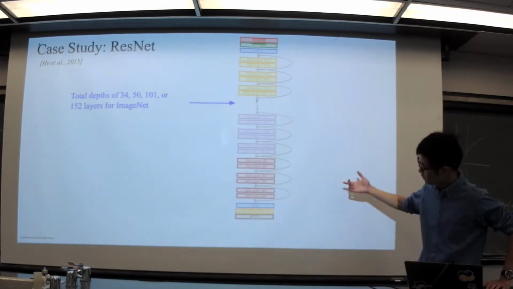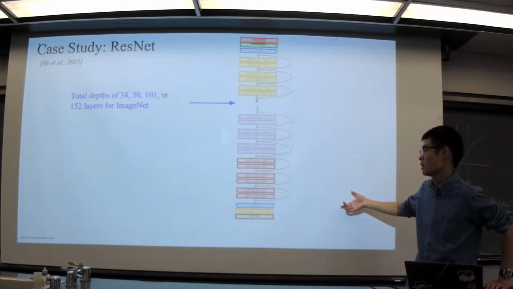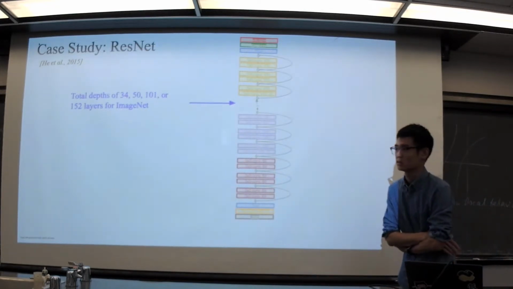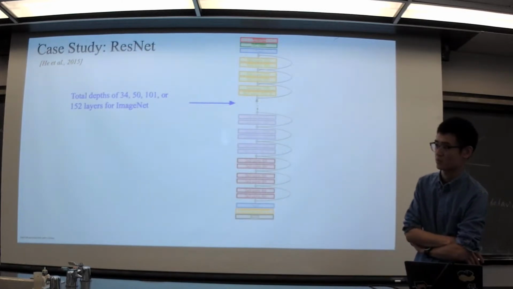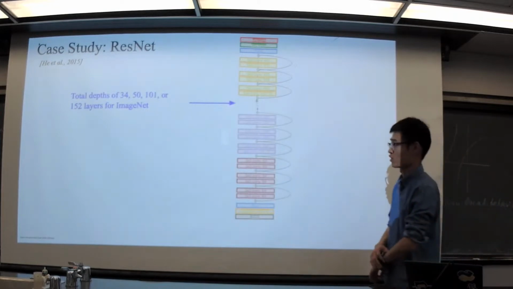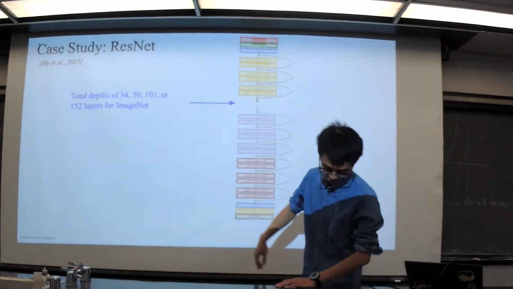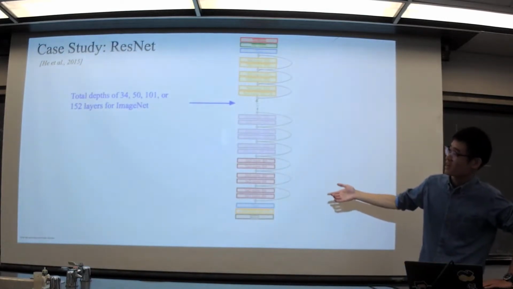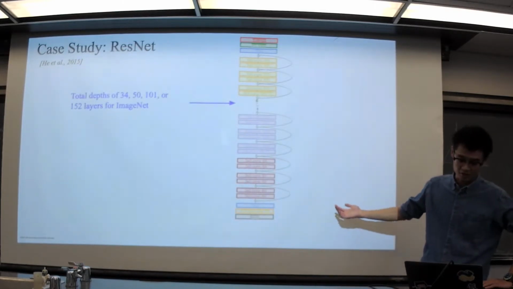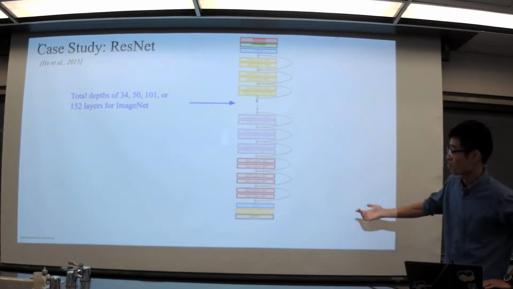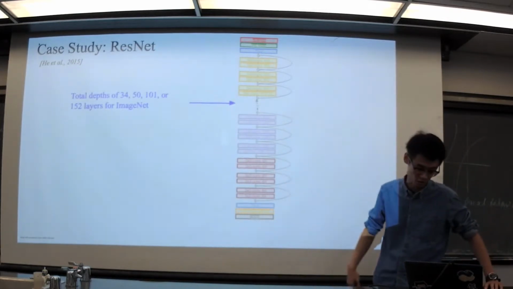You can choose these models based on your resources. Nowadays our GPUs have memory bigger than 24 gigabytes, so of course we choose the 152 if we have to choose one, because it has better performance. But at that time, NVIDIA only had GPUs with 8 GB or 4 GB memory. So we had no choice. We had to use shallow networks.